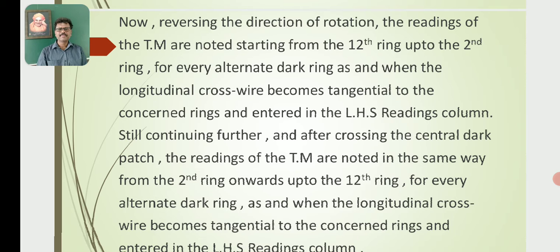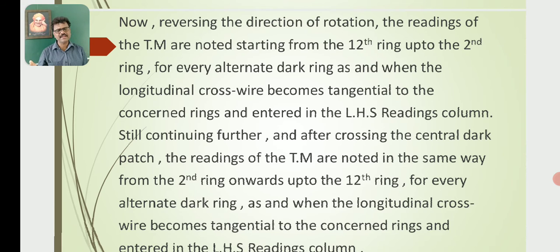Again, the head scale drum is moved towards the right, coinciding the crosswire with the second ring. Then take the corresponding MSR reading and CVD, and calculate the total reading TR is equal to MSR plus CVD into LC.